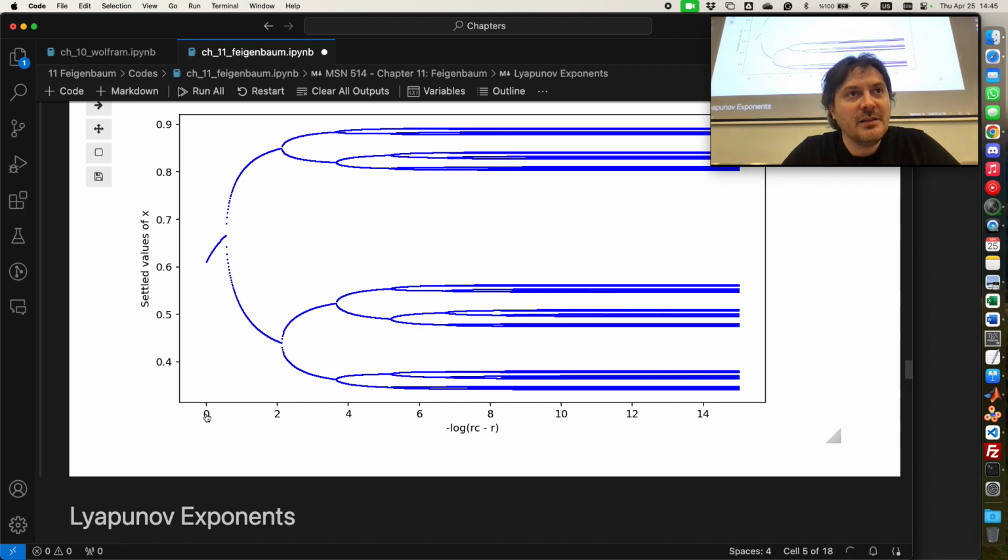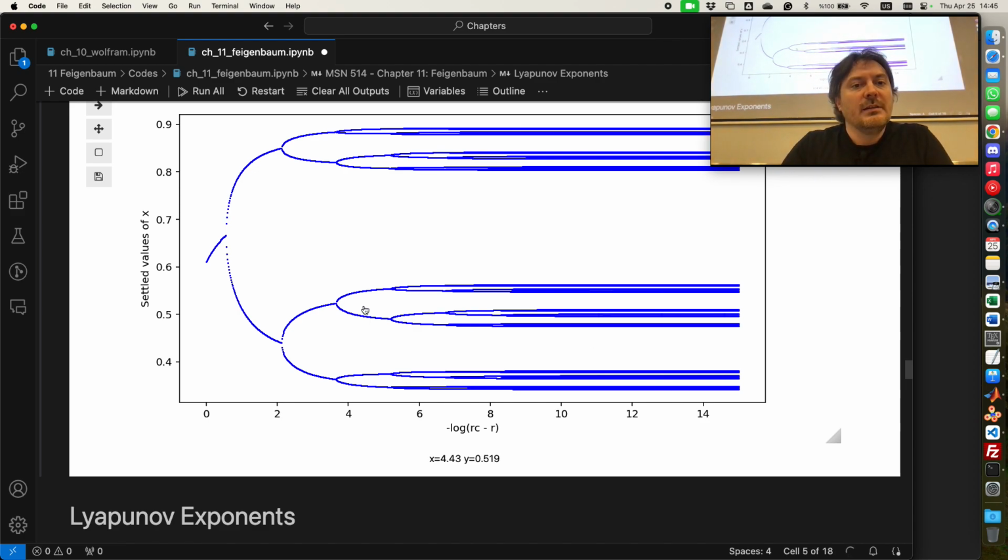RC minus R equals e to the power of 0, right? Yes. Very good. 2 means RC minus R is equal to e to the minus 2. This one means RC minus R is even smaller, so we are really, really close, but as we get closer, we approach slower.